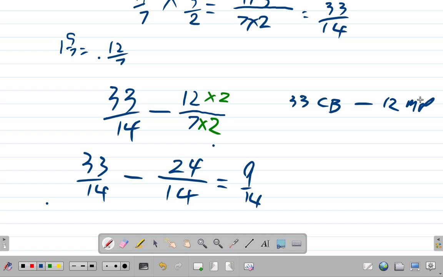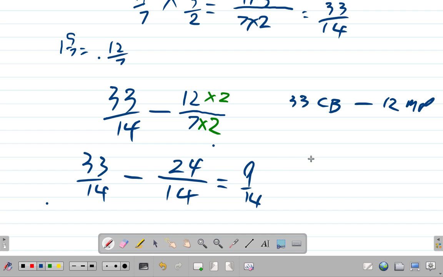If you say 33 pounds of chicken back minus 12 pounds of mixed parts gives 21 pounds of chicken, you're going to confuse people. They will ask, what kind of chicken? A chicken back or a mixed part? So when you minus, you must have the same thing.